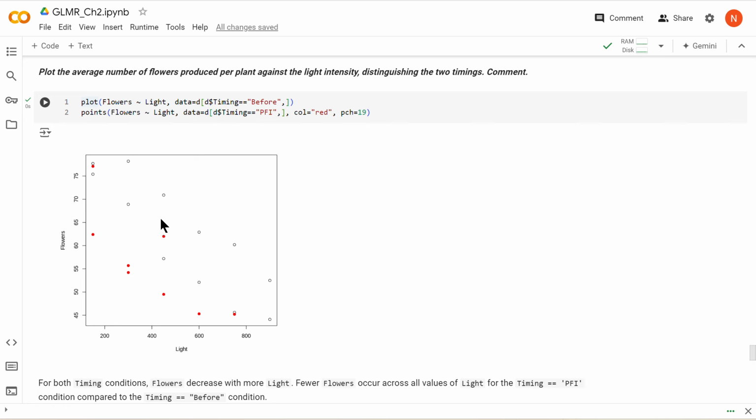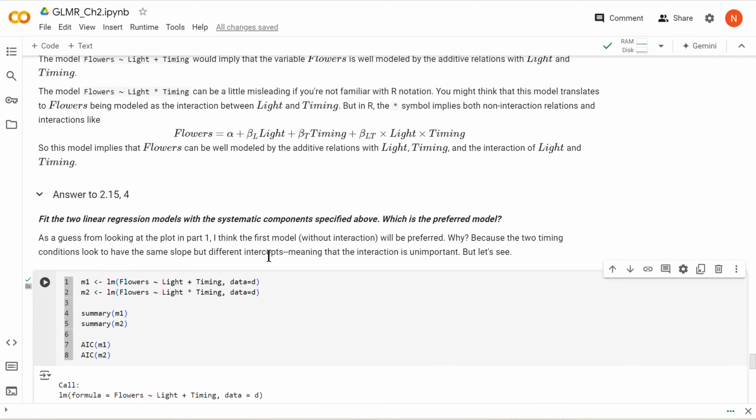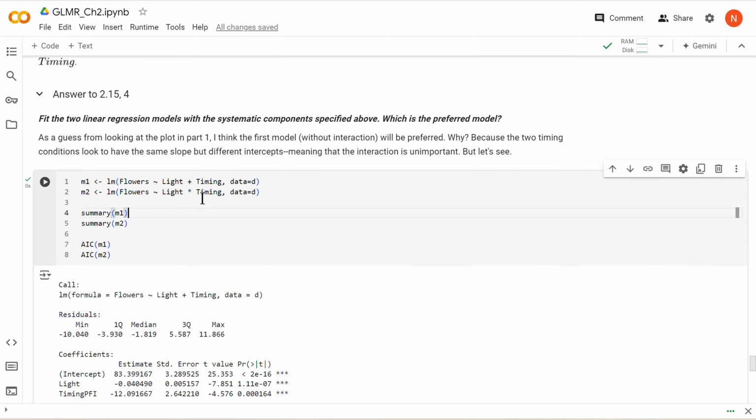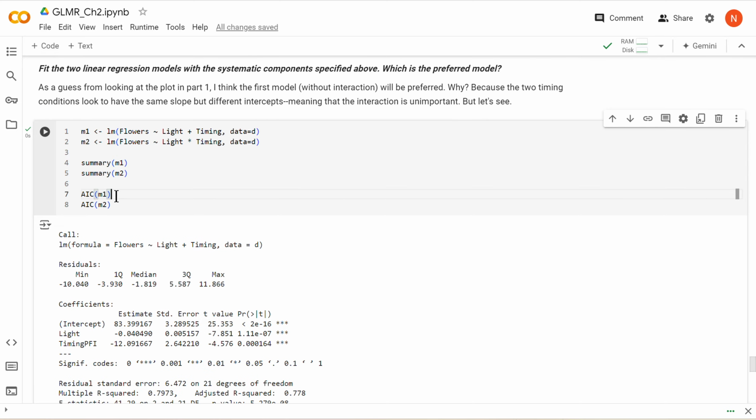If an interaction was important, then it would mean that for any particular level of light, the slopes would differ for the two timing conditions across light. I did not see that, and so I did not think that the interaction term was going to be useful. And indeed, the AIC bears that out.